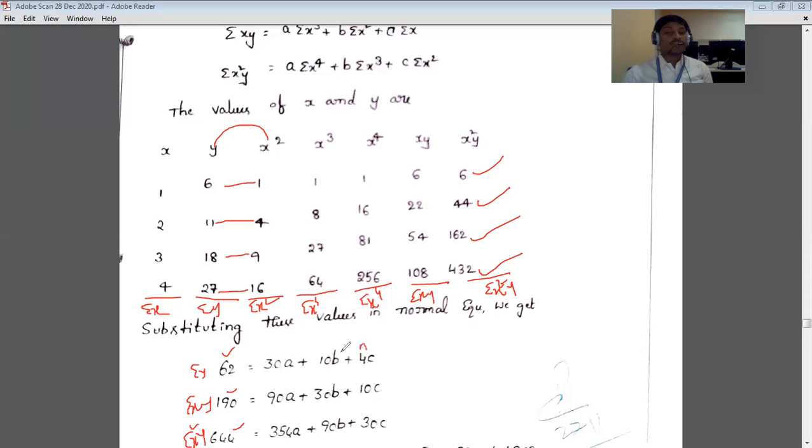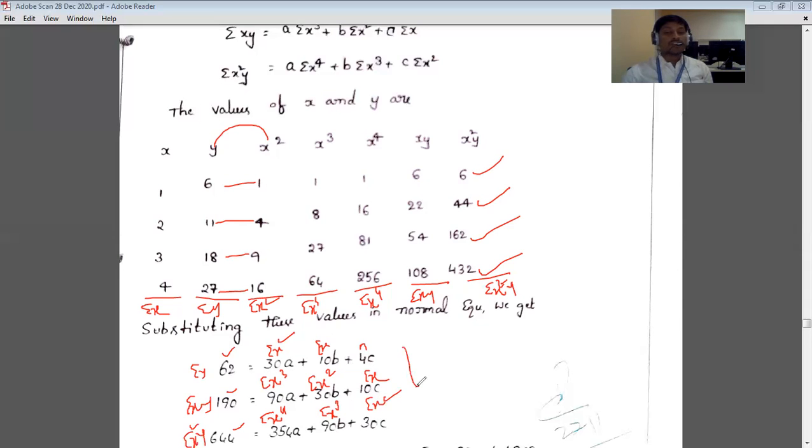This is n, this is summation x, and this is summation x square. Next, this is summation x cube, this is summation x power 4, and this is summation x into x square. This one is summation x cube, and this is the value for summation x square.